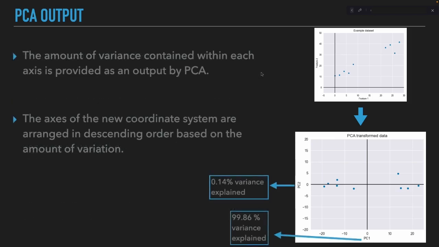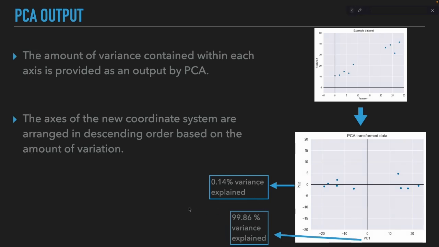And PCA will not stop there. PCA will provide us a few additional pieces of information. It will basically quantify all of these artificial features. It will give us information on which percent of variance in this dataset comes from each of these components.